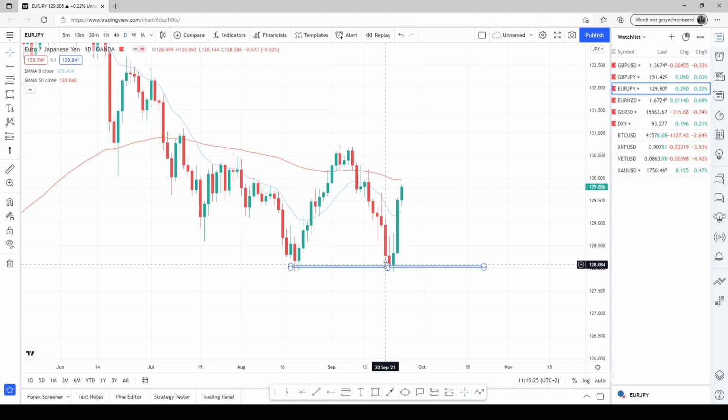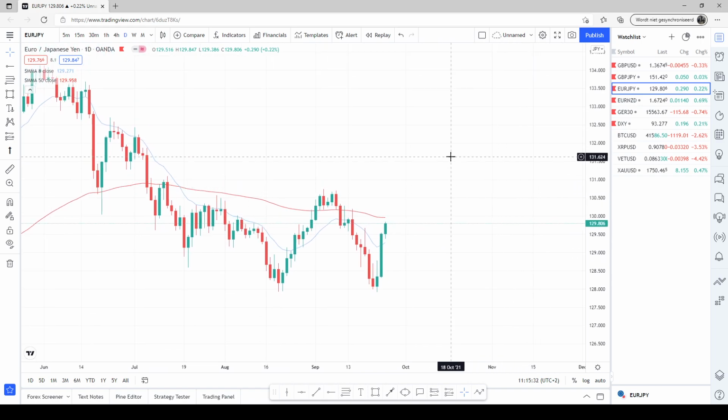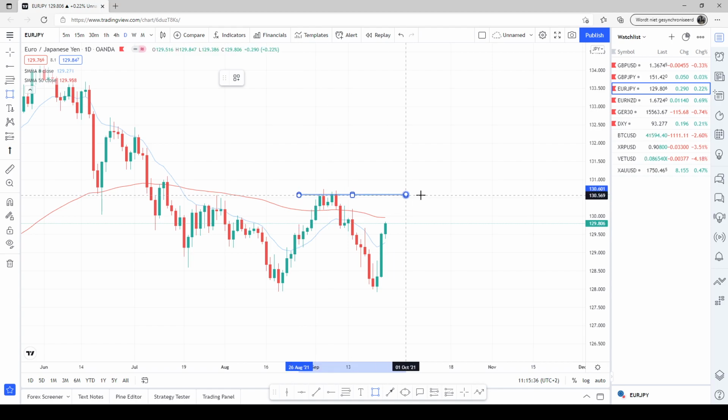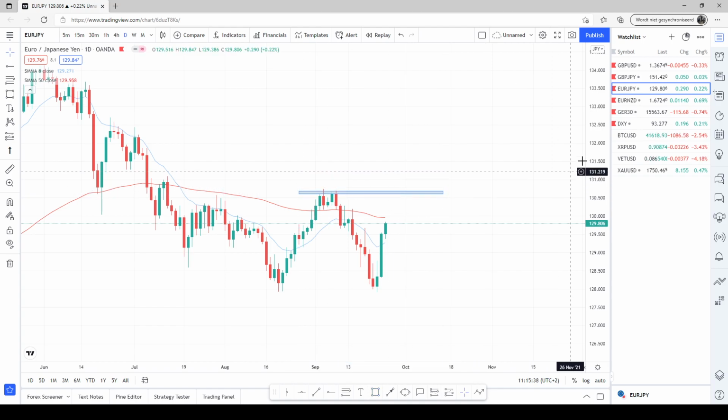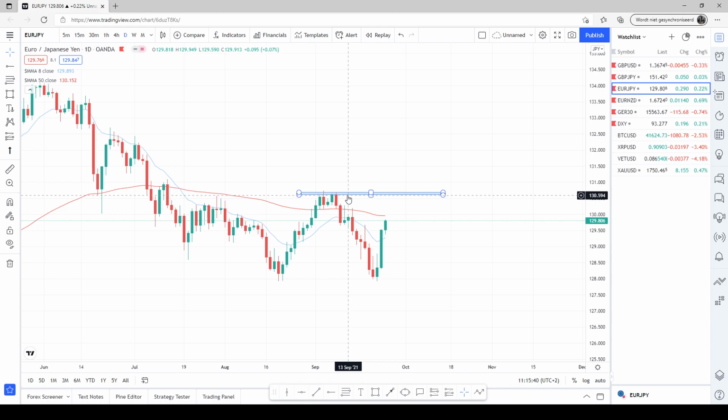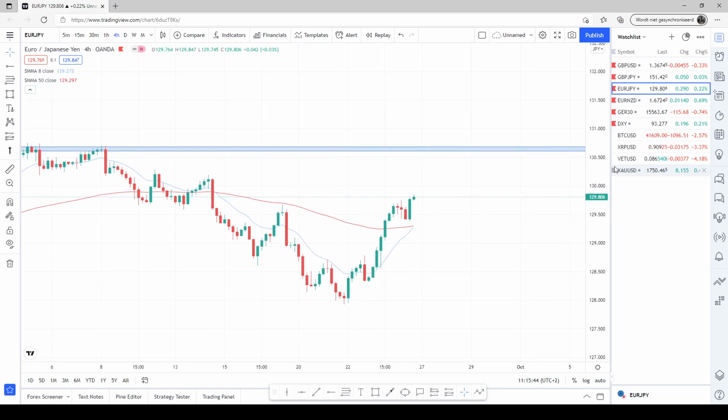So it was a pretty important level, but for now it's not important. I will mark up this area over here on the daily time frame because I think price could reach that level during next week. Now I'll go to the 4-hour time frame.